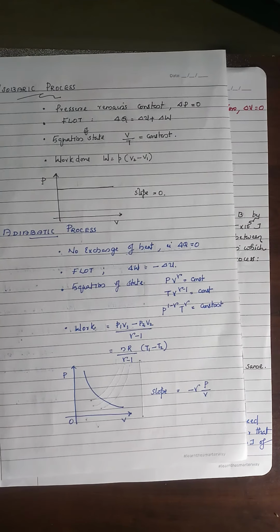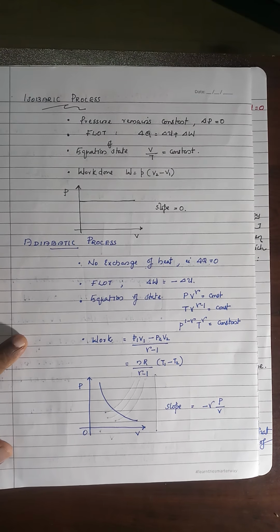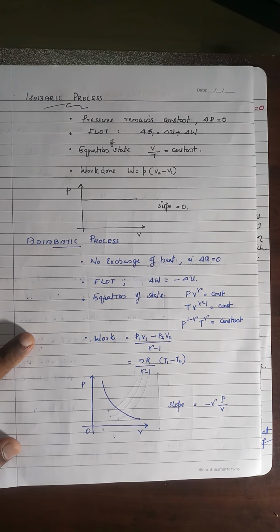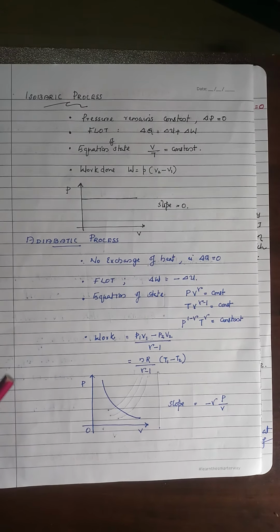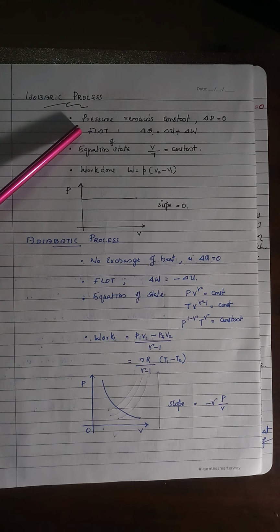Look, another process, the isobaric process. There we can say the pressure remains constant, delta P is equal to 0.